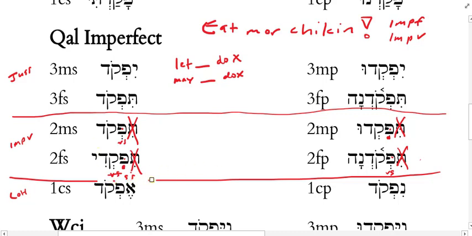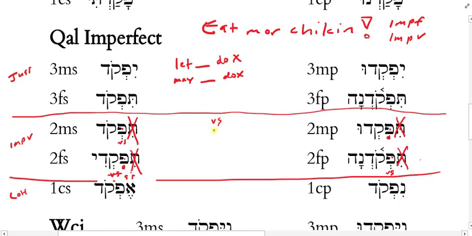Ah, good question. I do believe that in this form it does not. Let me double check that, though. Let me just explain. I think we've talked about this before. I may be wrong, but you know how we have vocal shavas and we have silent shavas, right?